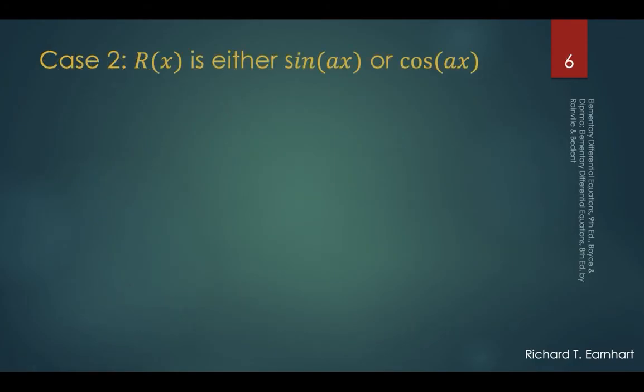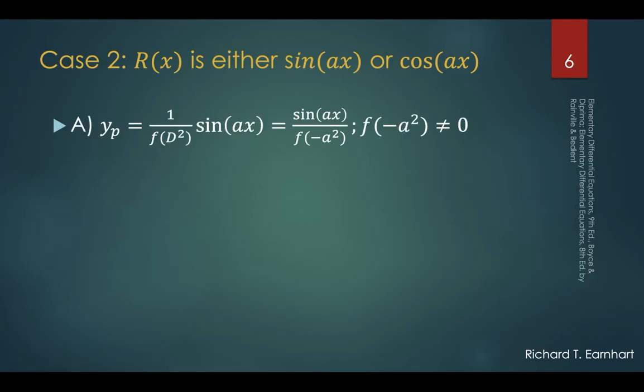Okay, let's consider sine and cosine function in R of x. So this is applicable only when your f of d can be expressed as a function of d squared.